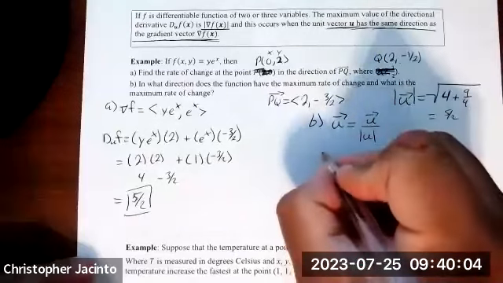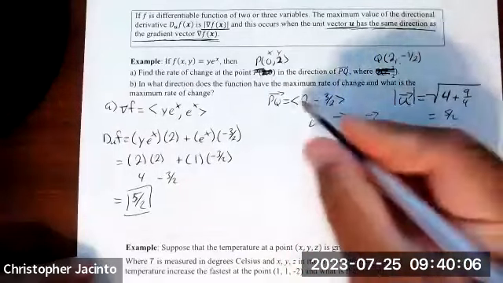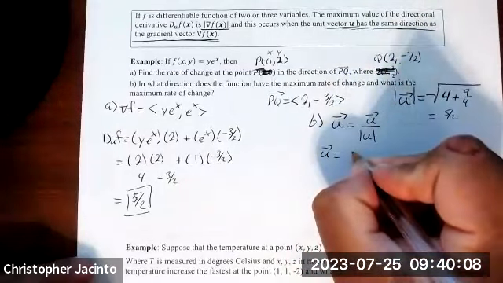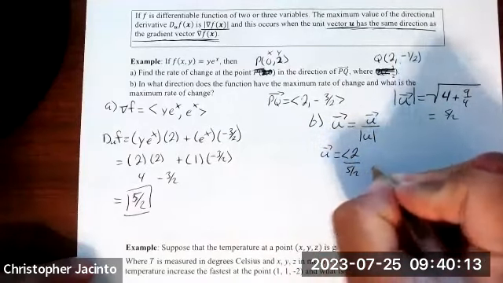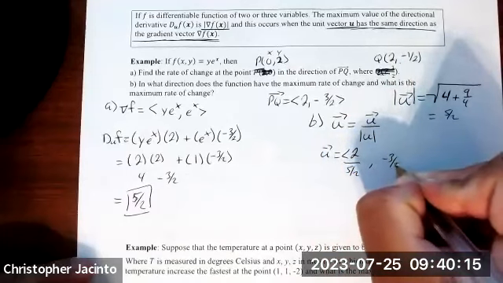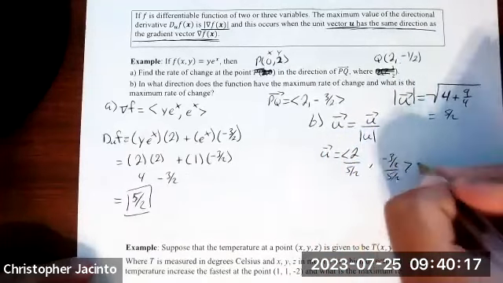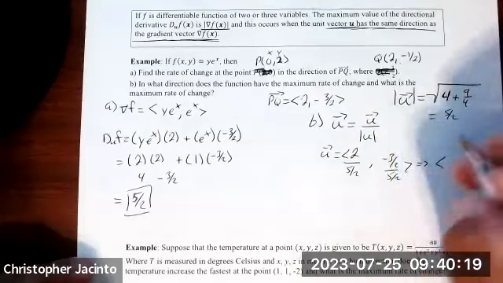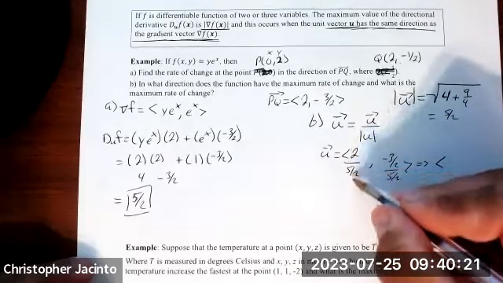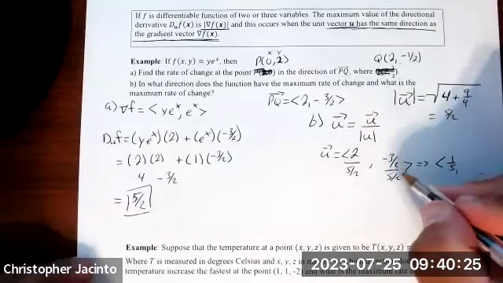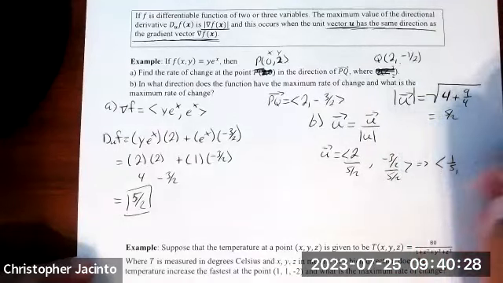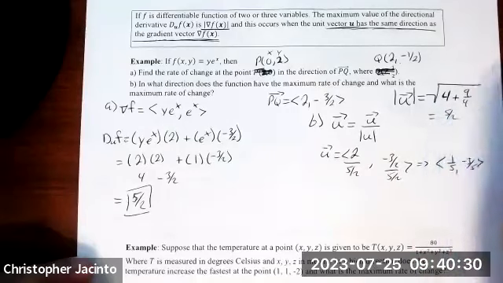Right, so then the unit vector is going to be, let's see, this stays the same, we flip, so 1/5.